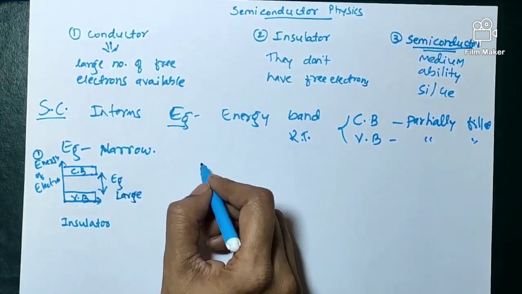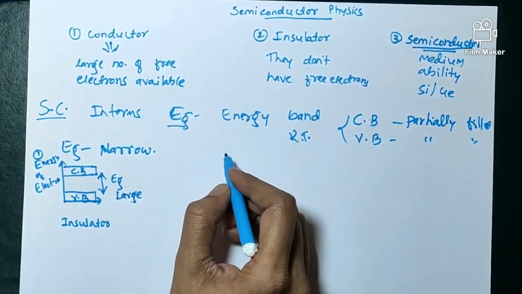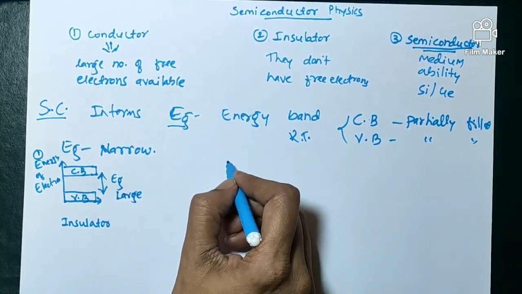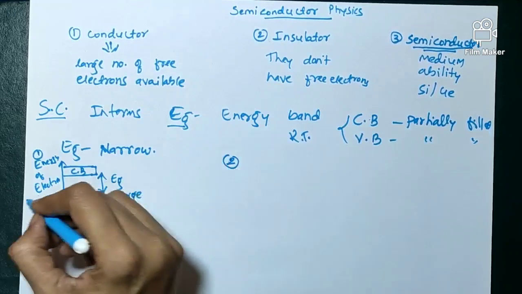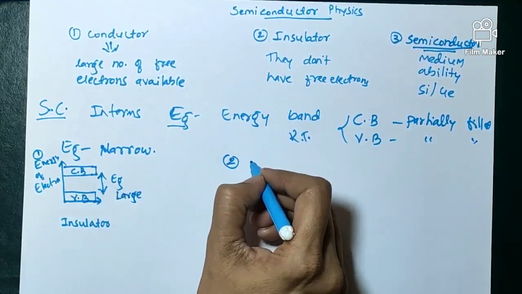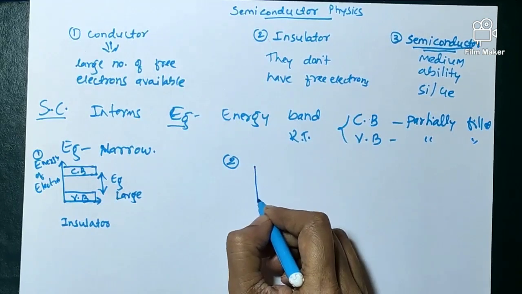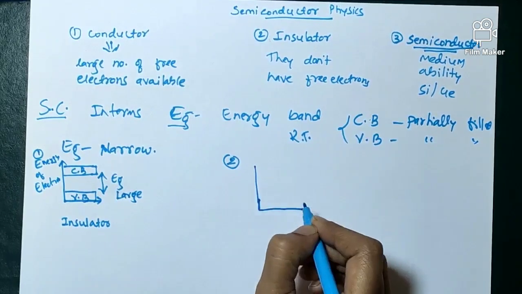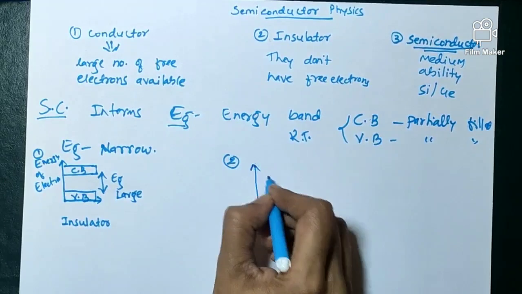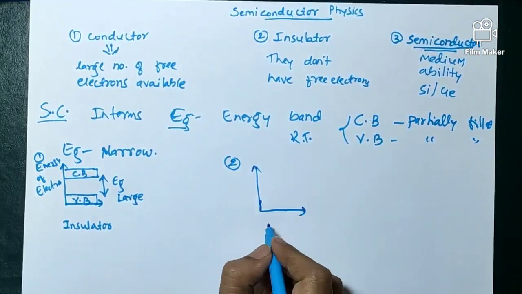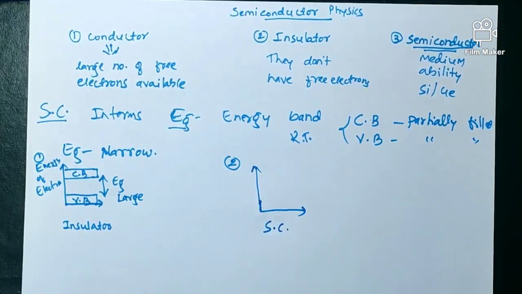Now if we take the semiconductor, again the same type of graph showing energy of the electron. The gap between the valence band and the conduction band is moderate.